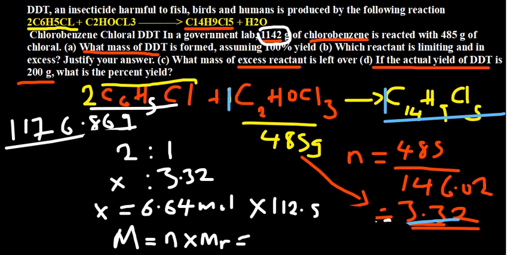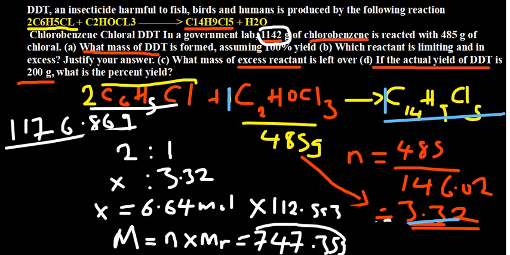So you can grab your calculator and multiply that: 6.64 multiplied by 112.553. We have 747.35 in grams.